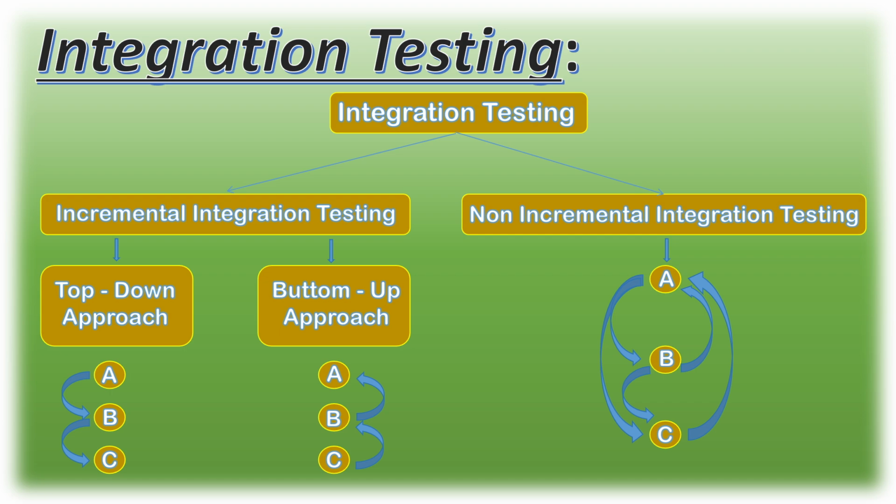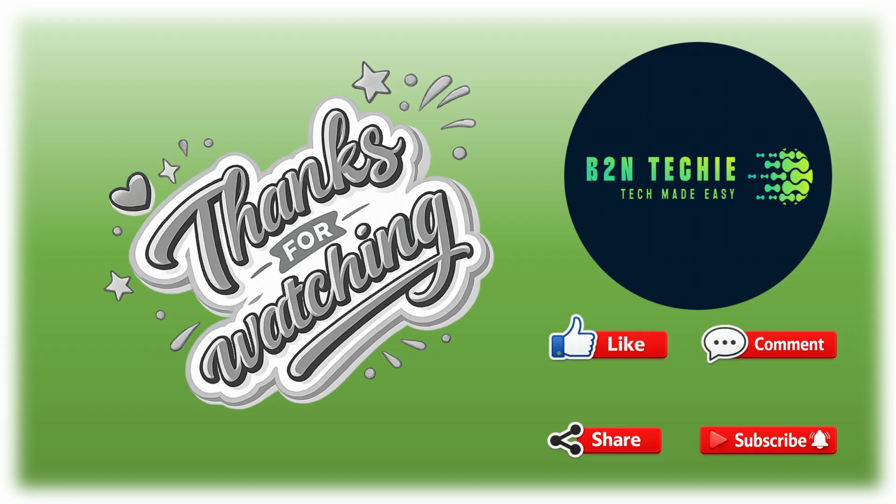Likewise, the team lead seeks approval from the manager, and the manager seeks approval from the CEO, right? This is the kind of incremental integration testing you can do. I hope you are clear on this integration testing concept in manual testing.